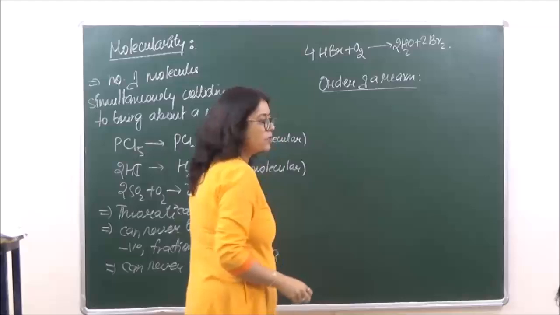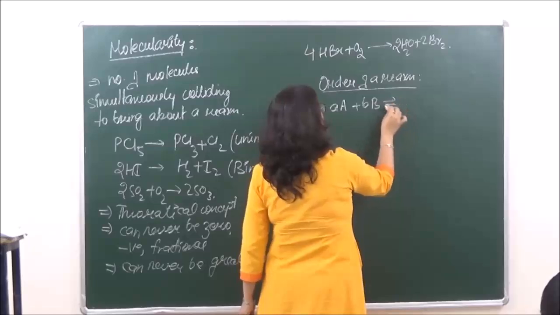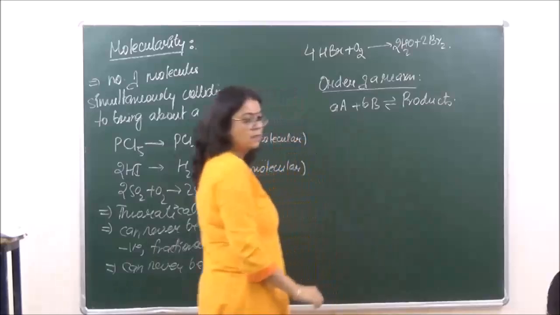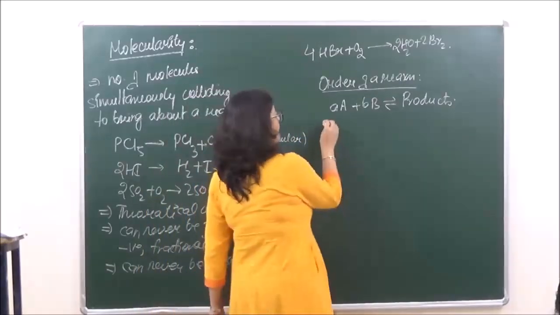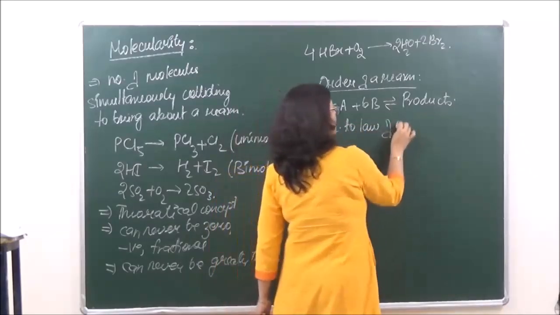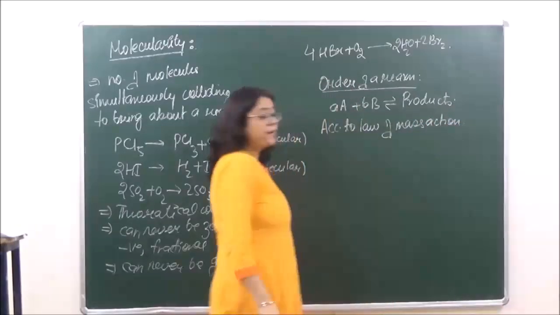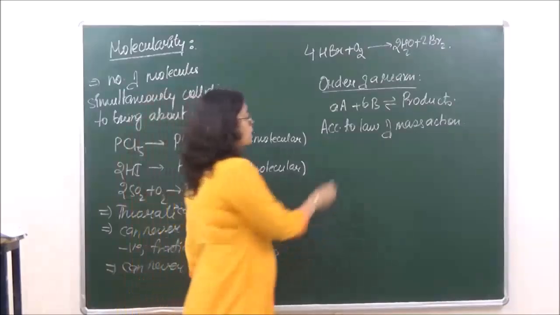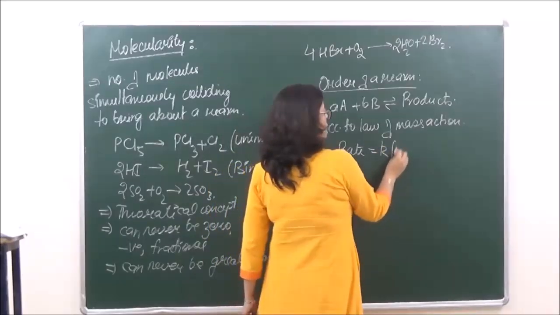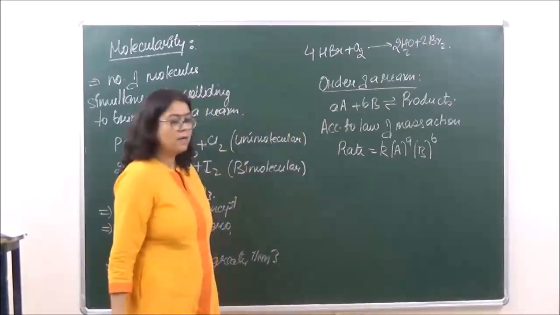Let's take a hypothetical reaction: aA plus bB to give us products. Now according to the law of mass action, the rate of this reaction will be given as: Rate is equal to K into concentration of A raised to power a, concentration of B raised to power b.